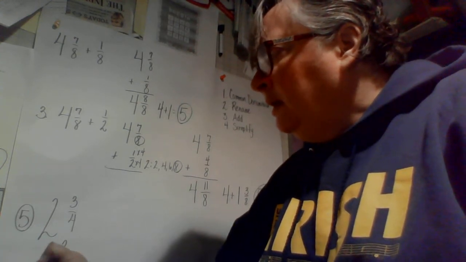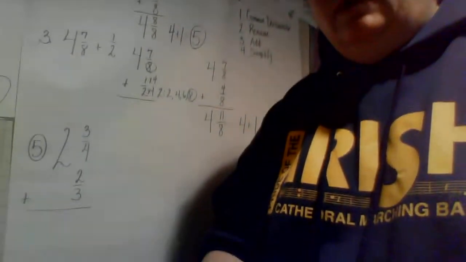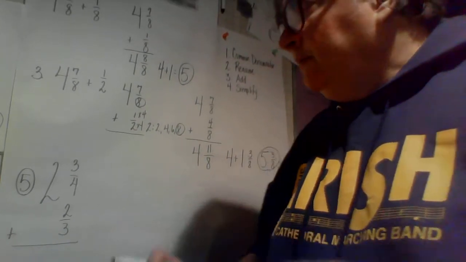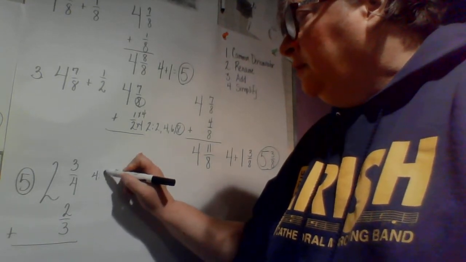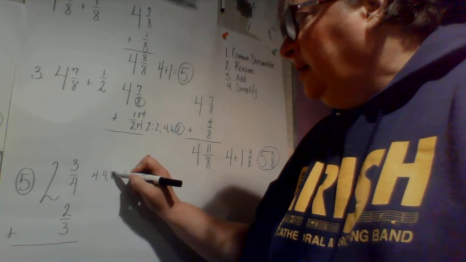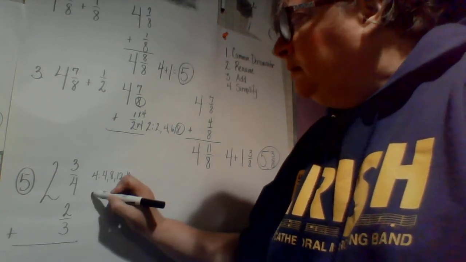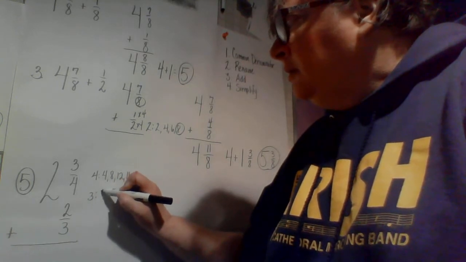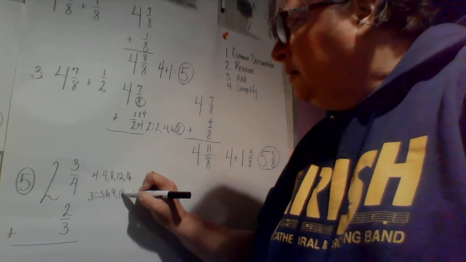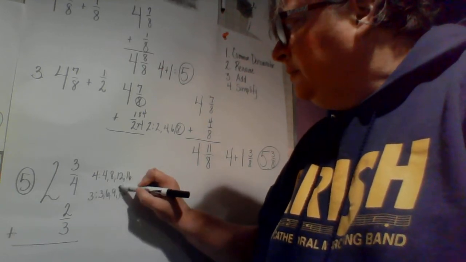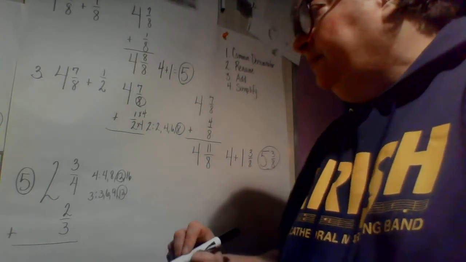Well, I do not have like denominators, so I'm going to have to come up with a common denominator. 4, 8, 12, 16. 3, 6, 9, 12. So 12s are our common denominator.